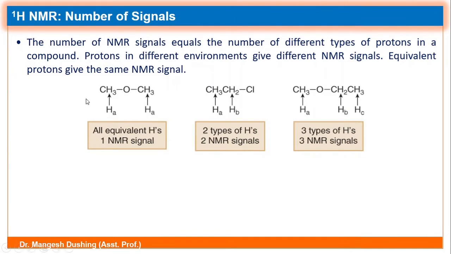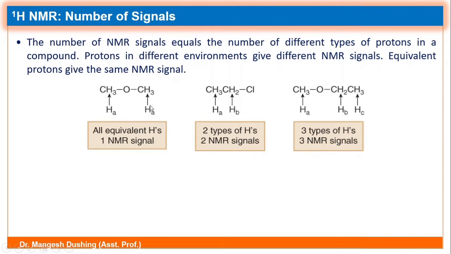Suppose dimethyl ether. In dimethyl ether, this CH3 is attached to the OCH3, and this CH3 is also attached to the OCH3. So their chemical environment is the same. If you apply a plane of symmetry, this CH3 and this CH3 will be the same.